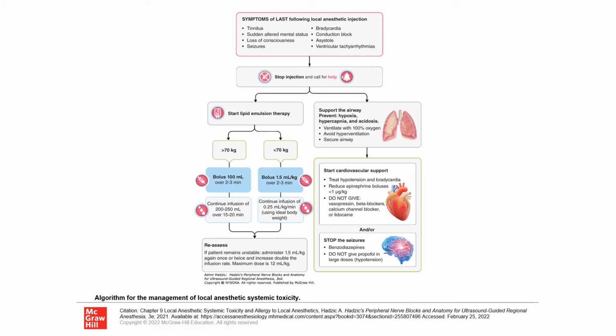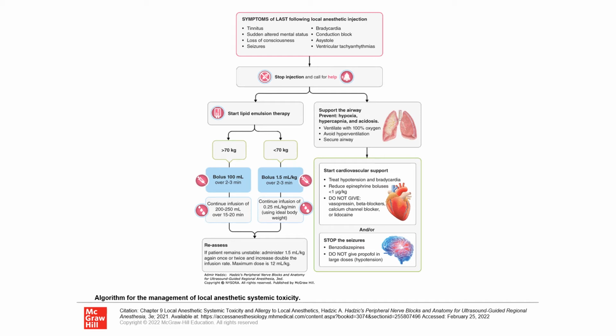This is the LAST management algorithm. First and foremost, you need to have a high clinical suspicion and be able to recognize the signs and symptoms of local anesthetic systemic toxicity. And if a patient develops any of the LAST symptomatology, you should immediately stop the local anesthetic injection and call for help.